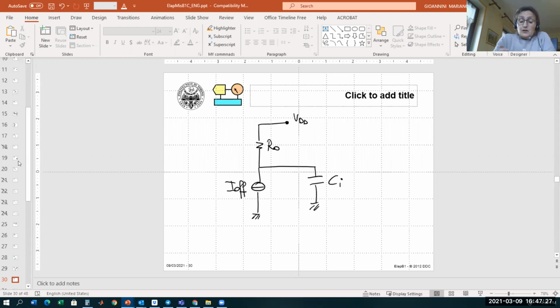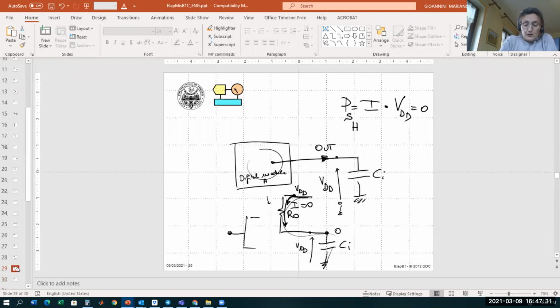So the problem is that we said, in this configuration, there's no current because in steady state the capacitor is fully charged. There's no current entering in the gate of the MOS.